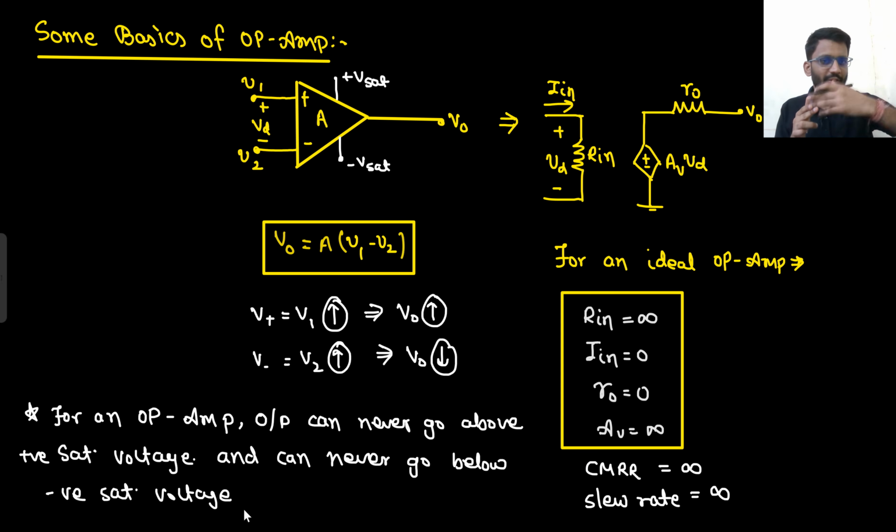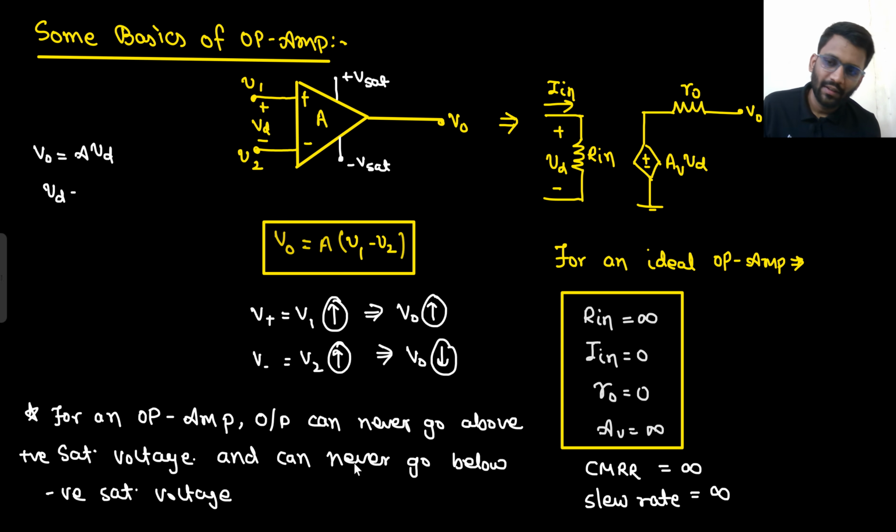Output will remain between plus Vsat to minus Vsat only, right? So basically, what is your op-amp output? Op-amp output is V0 equal to A times VD, the differential voltage. What is the range of V0?